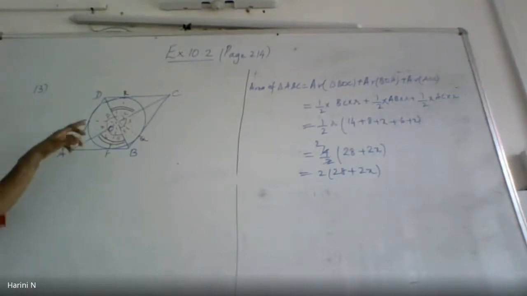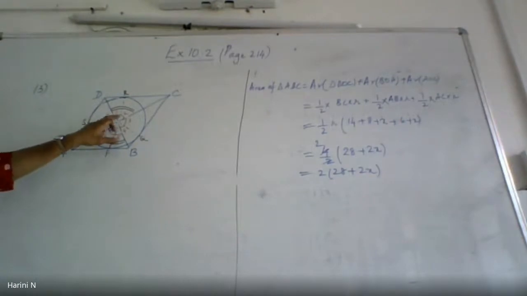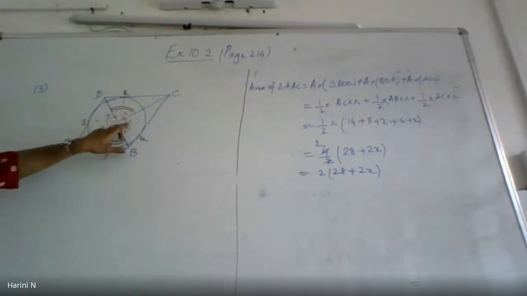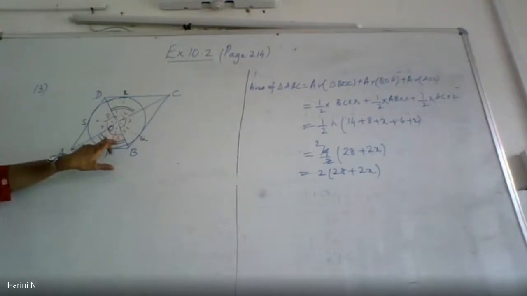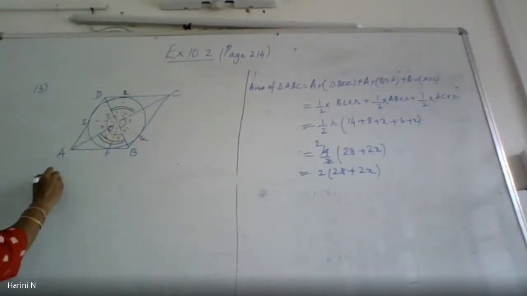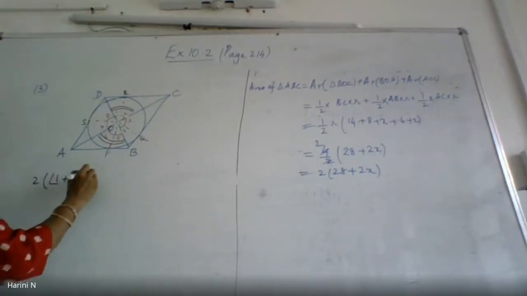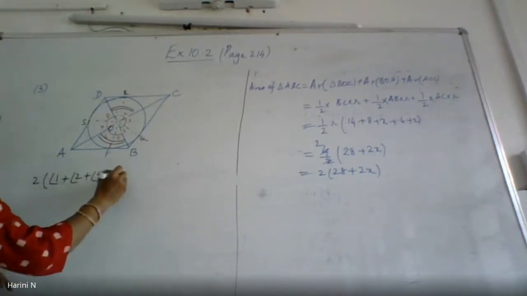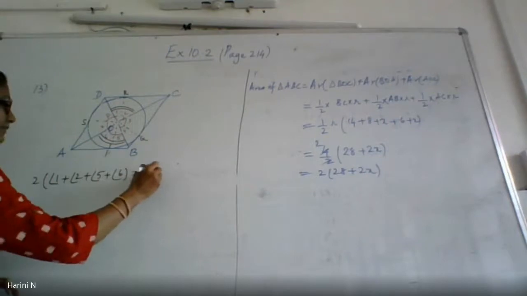So what we do is show 1 plus 8 as 2 times angle 1, and 2 plus 3 as 2 times angle 2. Alright, so this will be 2 times angle 1 plus 2 times angle 2 plus 2 times angle 5 plus 2 times angle 6 equal to 360 degrees.